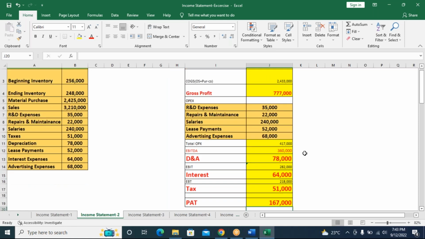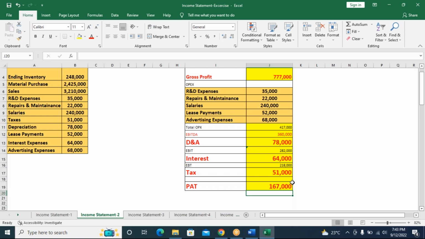Now just do this one and tell me if you are getting the PAT, that is profit after tax, as 1,67,000. Yes, ma'am. Everybody is getting 1,67,000.